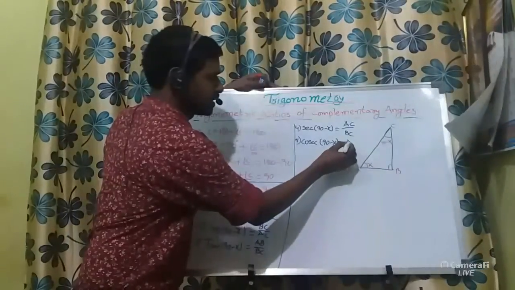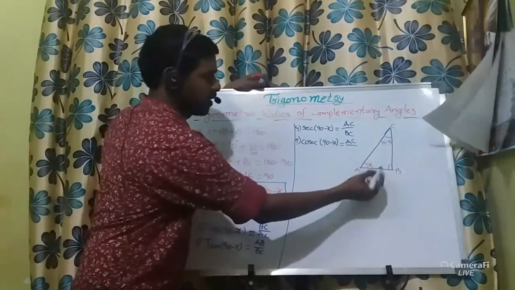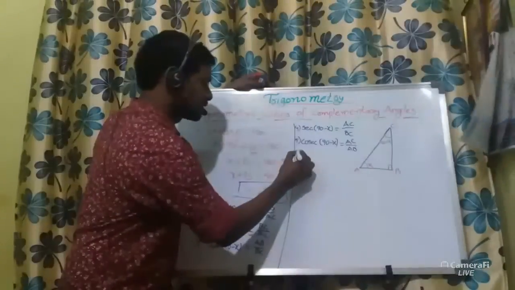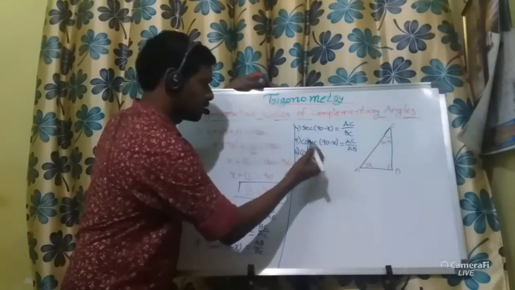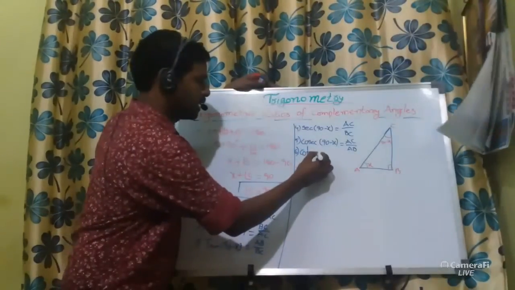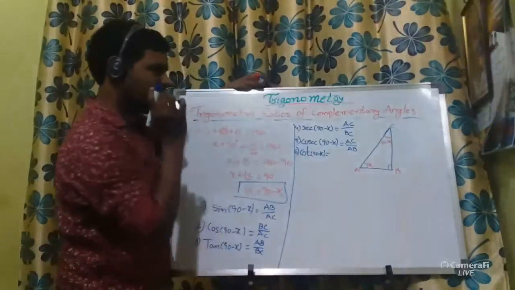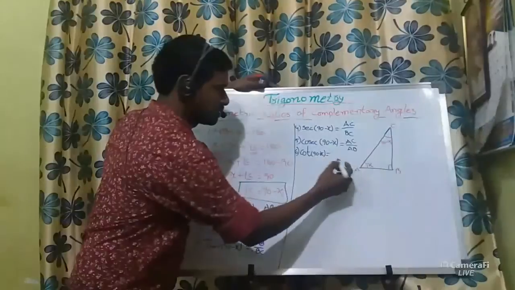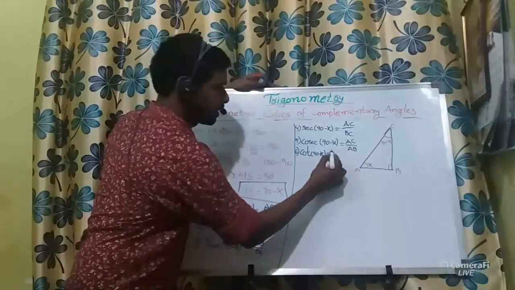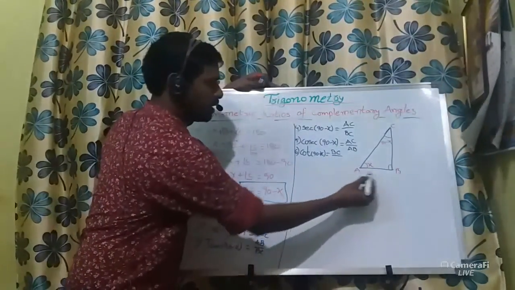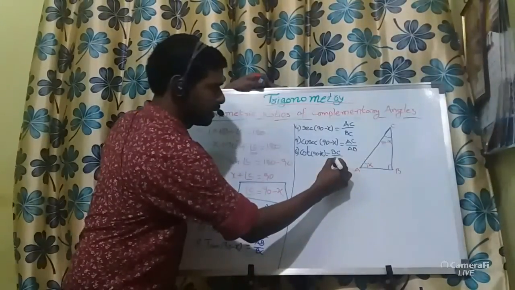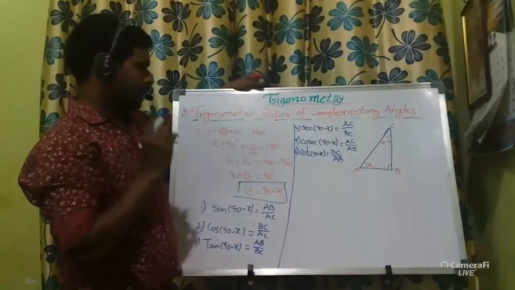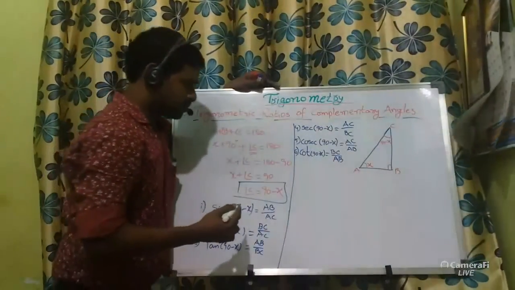Hypotenuse is AC, opposite side of this 90 minus x is AB. And the sixth one is cot 90 minus x, adjacent side by opposite side. Adjacent side means BC, so BC by AB.